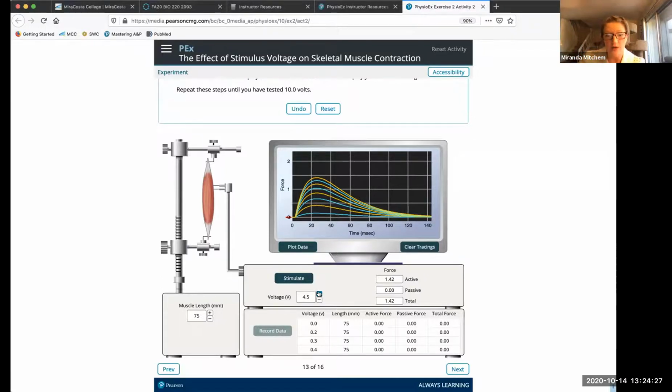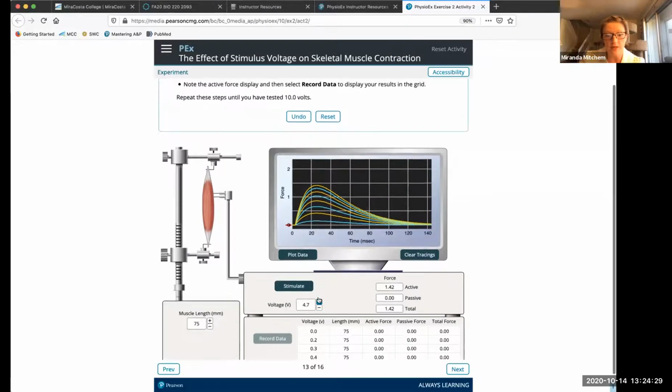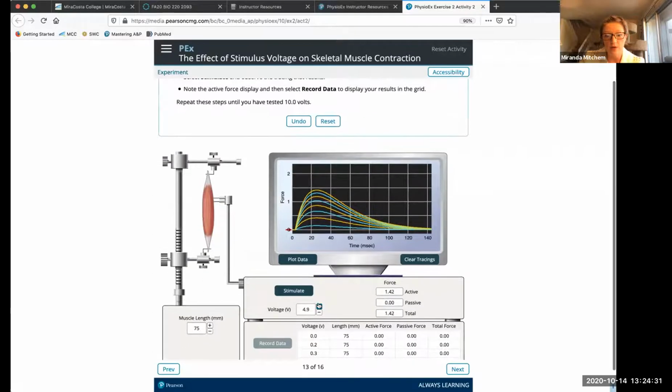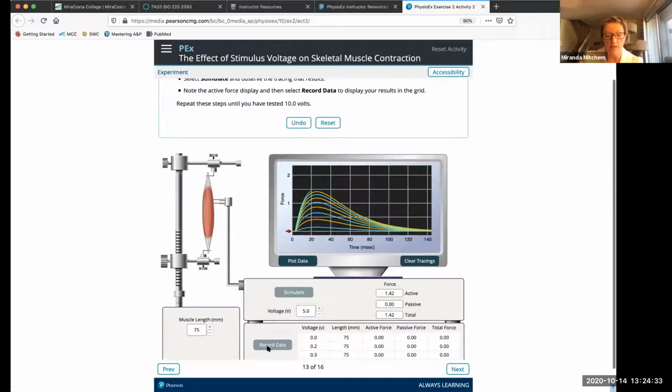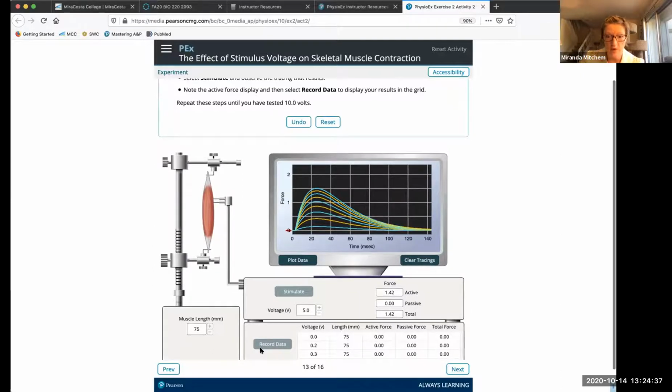We're halfway done with this part of the experiment. But notice the increases aren't as big in between anymore, right? The distance in between the lines is not as big as it was in the beginning. We're at 5.5.